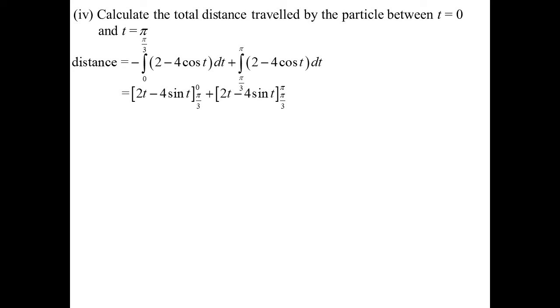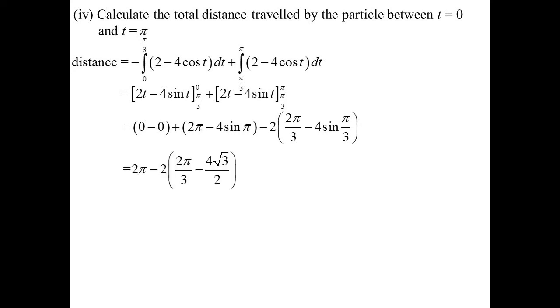So when I sub in, I'll sub in 0 plus sub in pi, they're both the top ones, but then I'll take away twice when I sub in pi on 3, because the bottom ones are the same there. They're both pi on 3. Calculating that all out, a bit of manipulation, but we get this wonderful answer of 4 root 3 plus 2 pi on 3 meters.